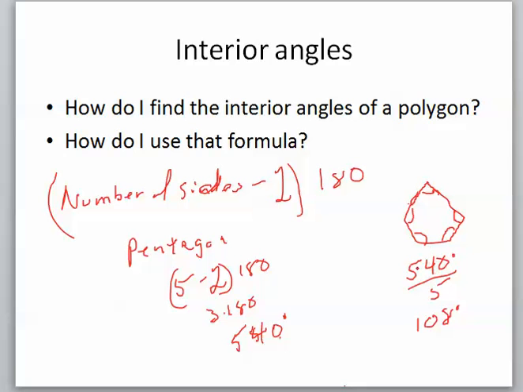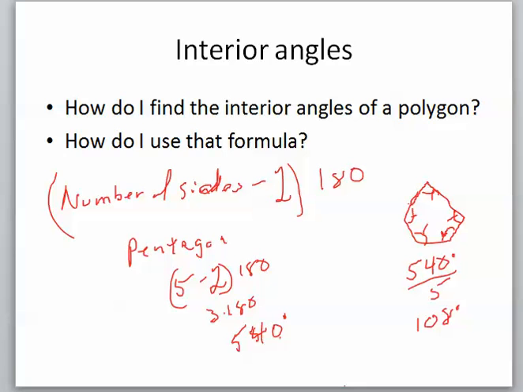Okay? If it's not a regular polygon, in which the angles are not necessarily equal to each other, but you would have different angle measurements in there, you could add those numbers up and make certain it equals 540 and solve for any variables that you might have.